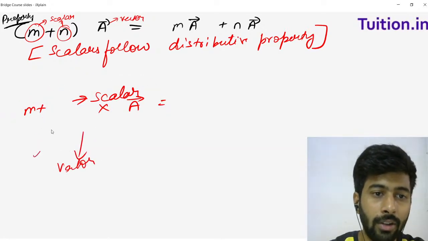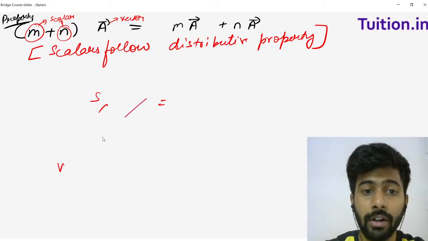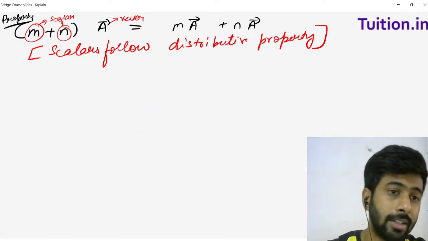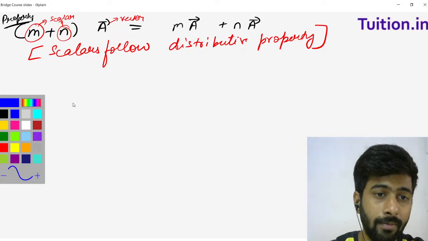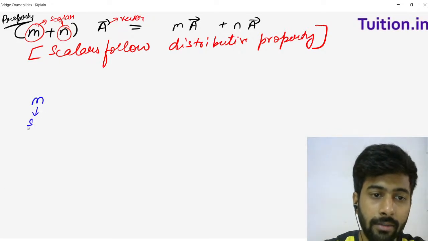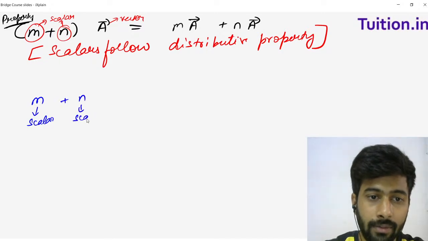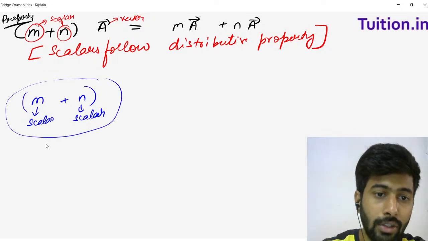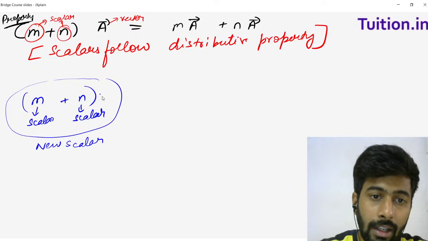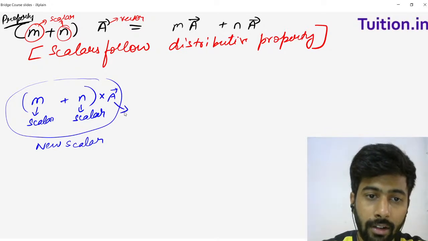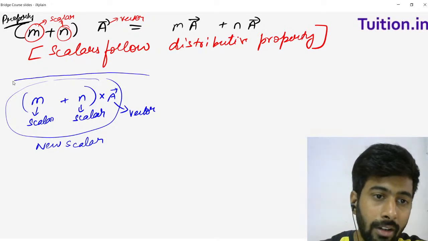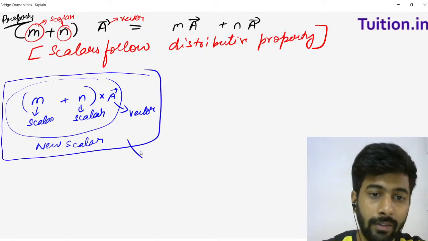Look at the whole thing. I'm going so slow because you're seeing vectors and scalars for the first time and you have to visualize them correctly. m is a scalar, n is a scalar, m plus n is a new scalar, into a bar, which is a vector, and this whole thing together is a new vector.